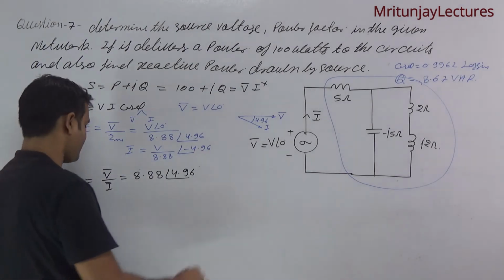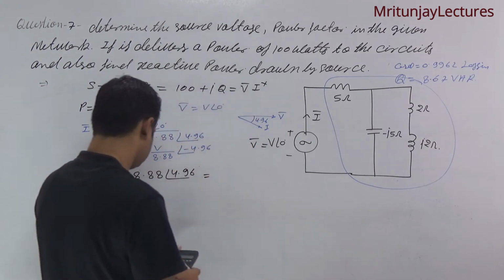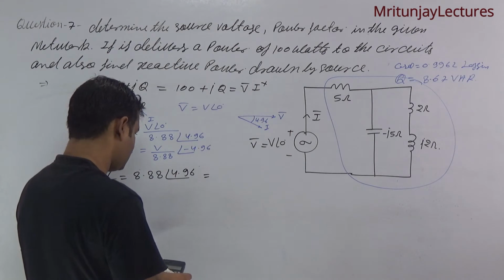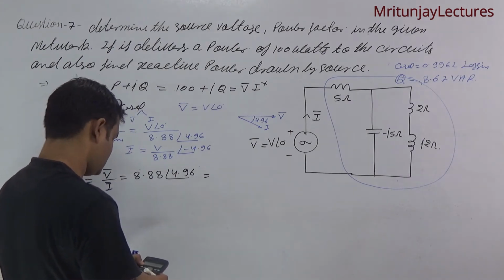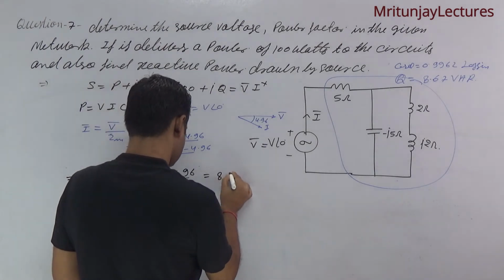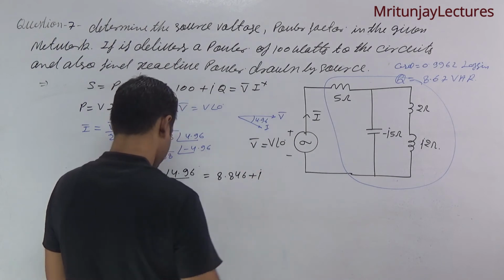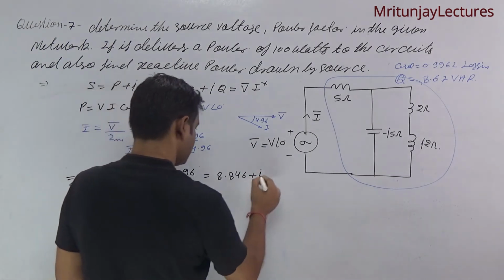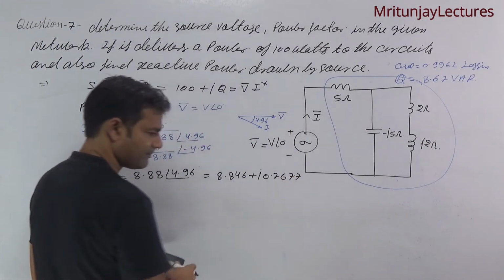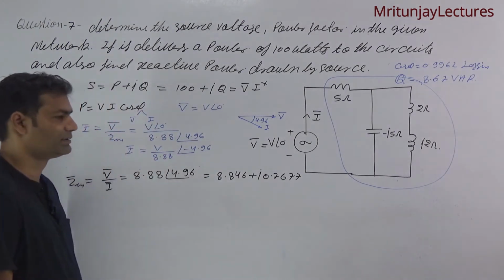Another way, it is written as 8.88 at the angle 4.96, that is 8.846 plus J 0.7677. Okay, this is the input impedance.